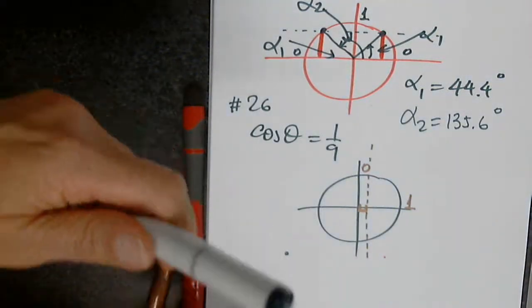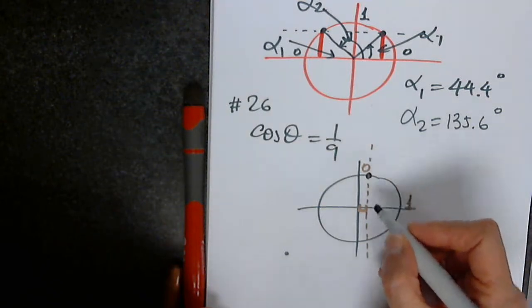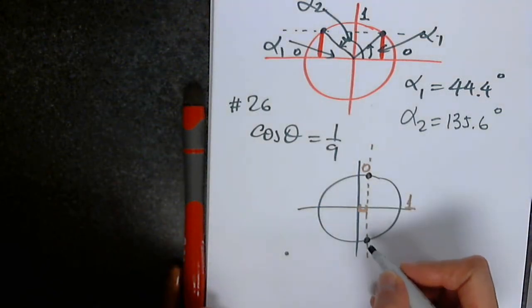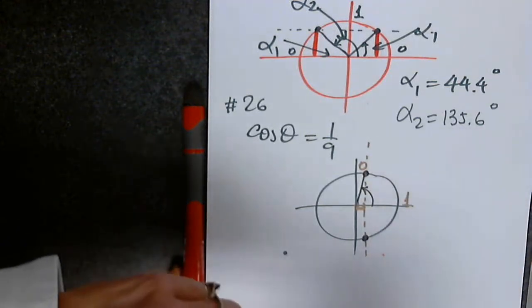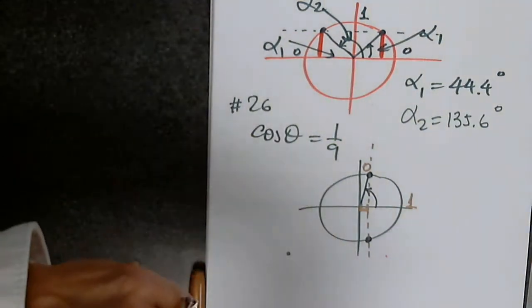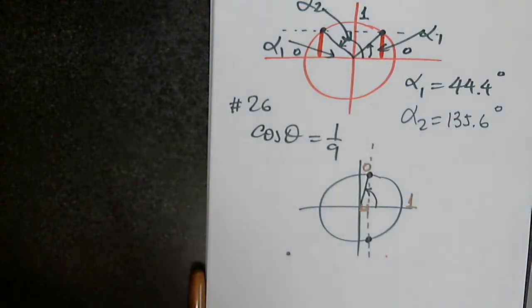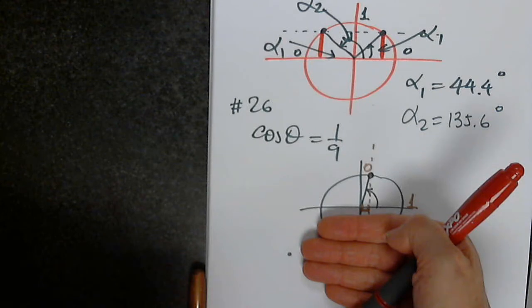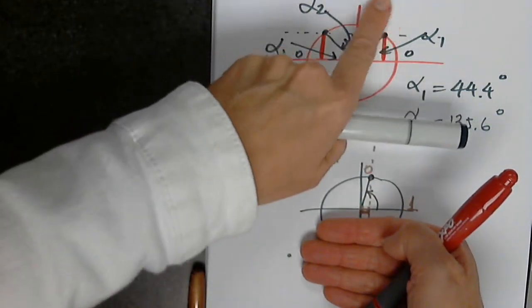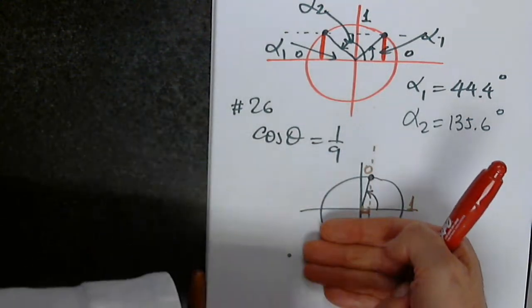Okay. So I have an angle that ends right here and an angle that ends right here. This angle is this. The other angle, although we shouldn't talk about it because we are asked between 0 and 180, I want to talk about it. In this particular case, we should not consider the second angle because it will be more than 180.